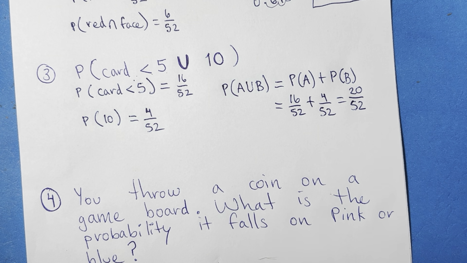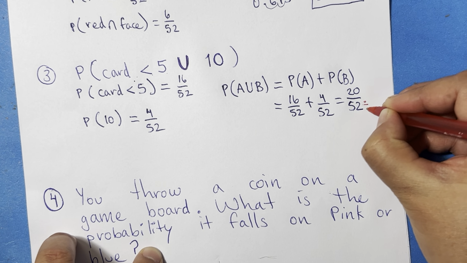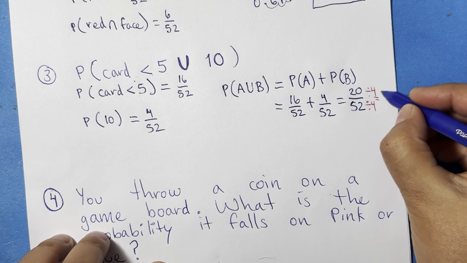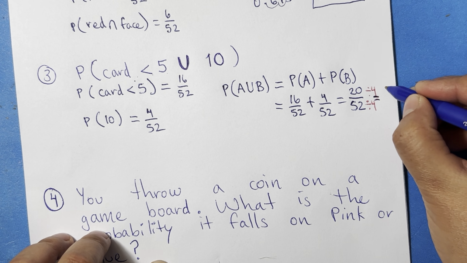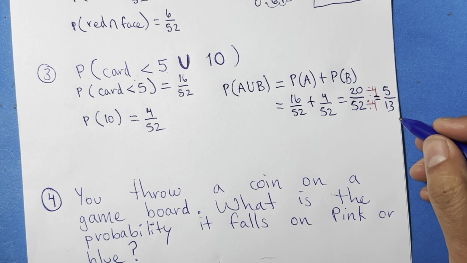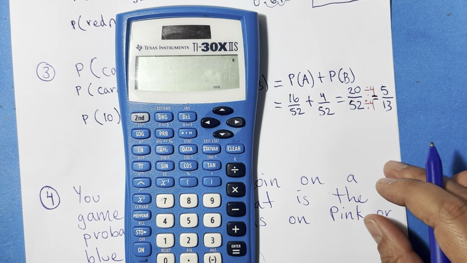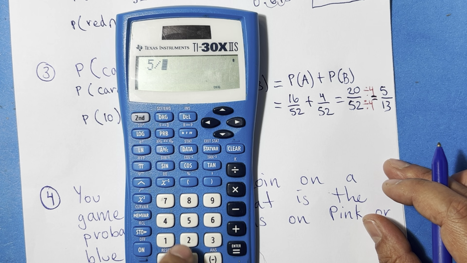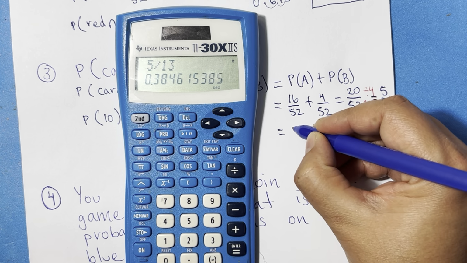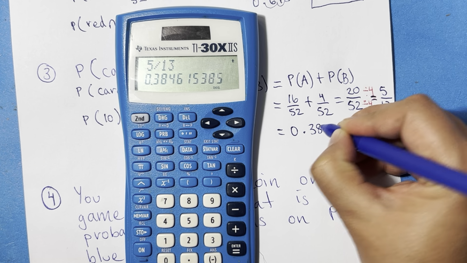Is 20 divisible by 4? Yes, so that means that we're going to divide by 4 to simplify. And so 20 divided by 4 is 5. 52 divided by 4 is 13. We use our calculator to divide 5 divided by 13. That's equal to 0.38.